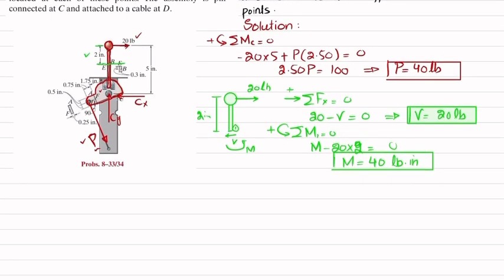Now you can see you have moment and shear force at this point. So we know that bending stress at point B, if I draw this lever over here in 3-dimensional, so this will be like this.